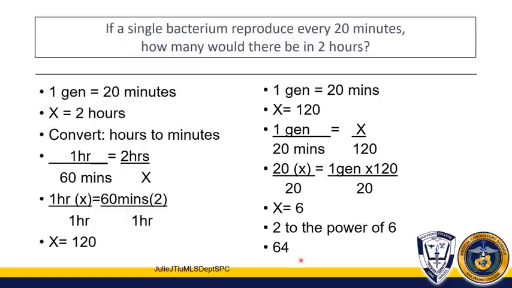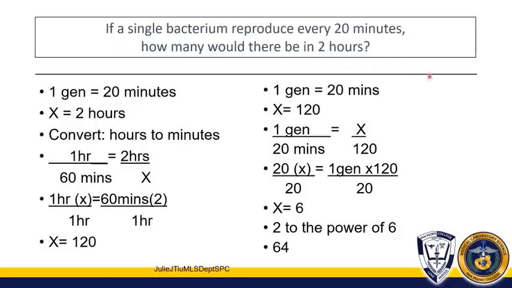And we are asked how many would there be after 2 hours. So we will first convert 2 hours into minutes. So do cross multiplication, and 2 hours is equivalent to 120 minutes.